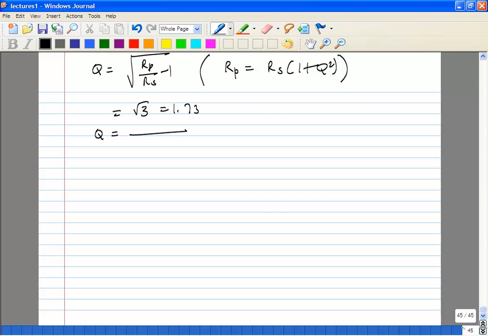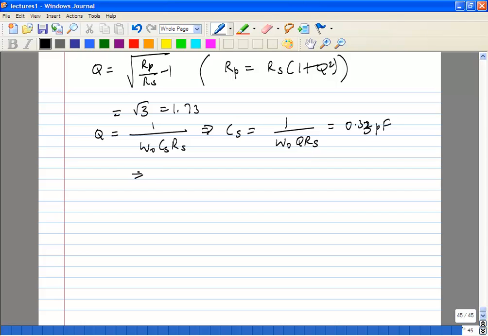For a parallel it's omega CR, but for a series it's 1 over omega CR. Okay, in this case Q is 1 over omega naught CS RS. So that means CS is, you know omega naught, you know Q, you know RS, so you can easily calculate this. It turns out to be 0.33 picofarad. Okay, is that straightforward?